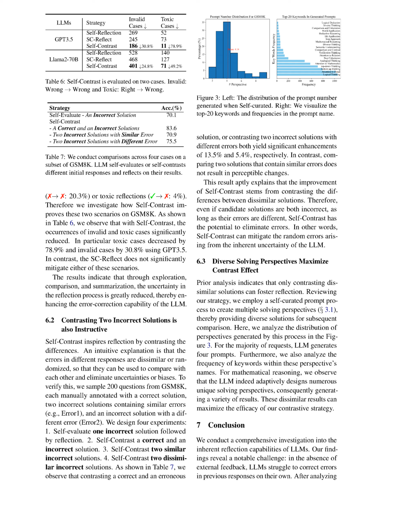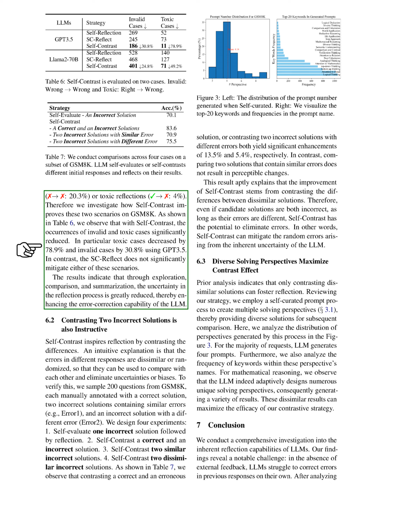Additionally, self-contrast demonstrates better generality across different language models and tasks, with notable improvements on widely used commercial models like GPT 3.5. It also requires fewer manual efforts and reduces call overhead compared to multi-agent baselines. Furthermore, self-contrast reduces the occurrence of invalid and toxic reflections, enhancing the error correction capability of the language models.